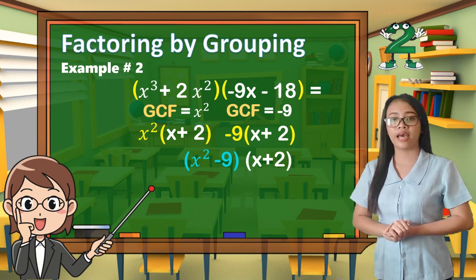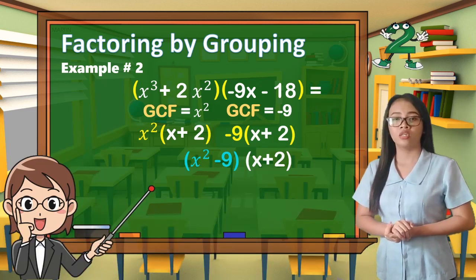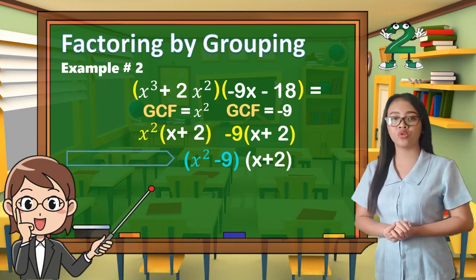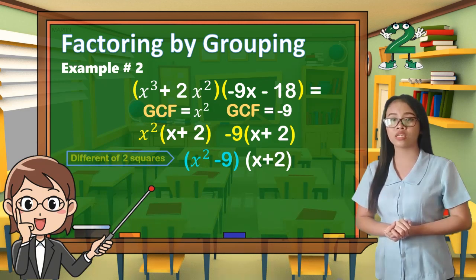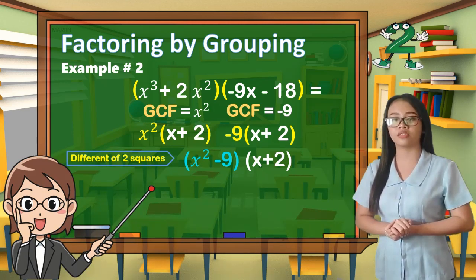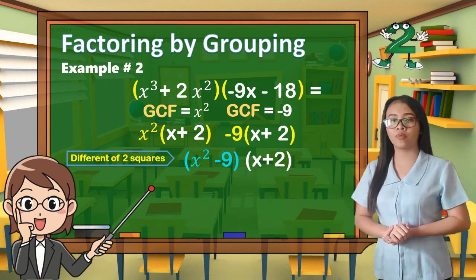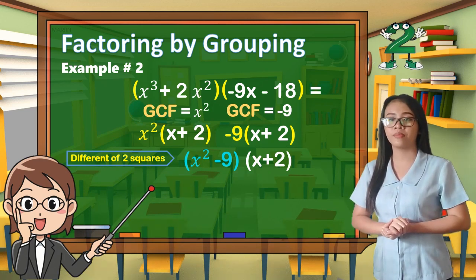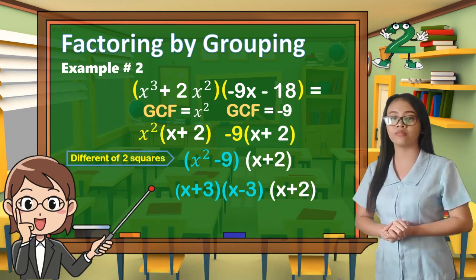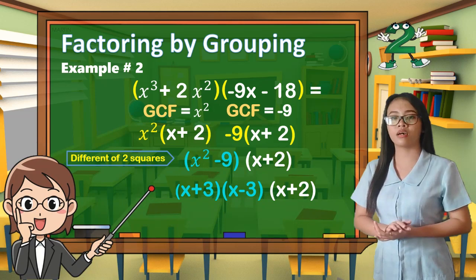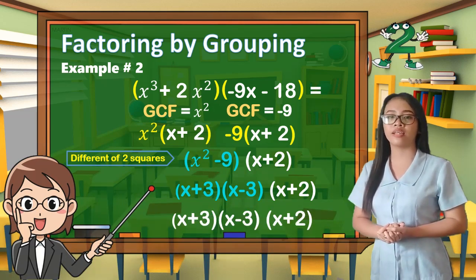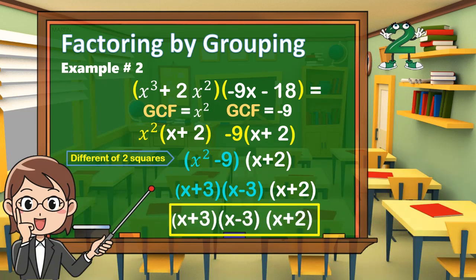In this case, x squared minus 9 can be simplified because it is a difference of two squares. So to factor completely, you need to use 2 or more factoring techniques. Our final factored form of the polynomial would be x plus 3 times x minus 3 times x plus 2, because x squared minus 9 can also be factored.